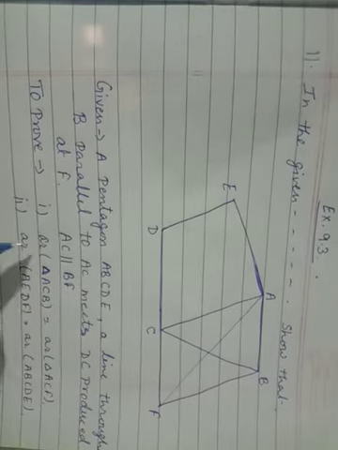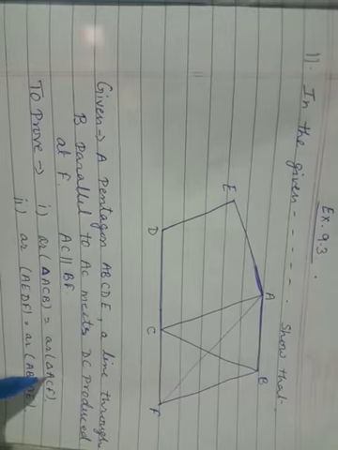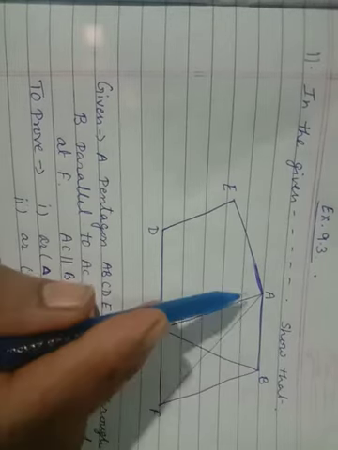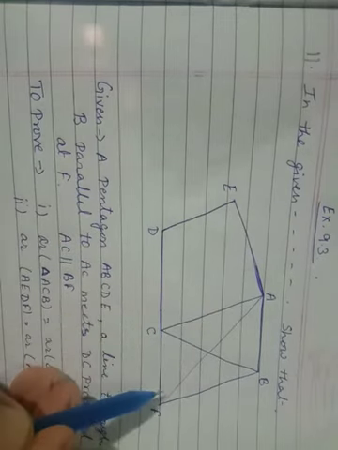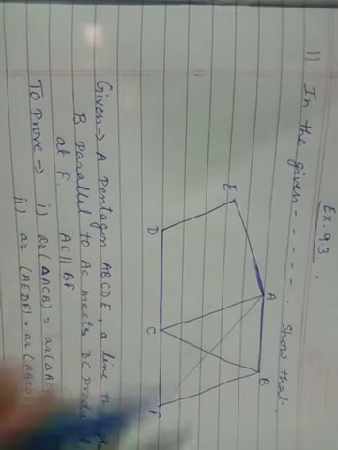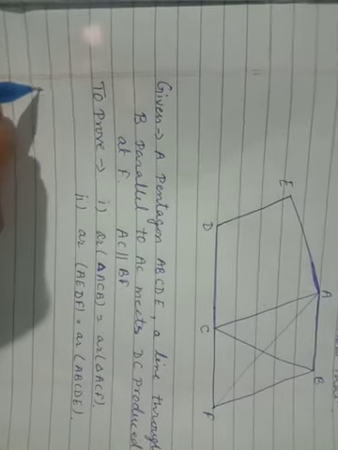Now we have to prove that area of ACB is equal to area of ACF. You can see that triangle ACB and ACF are on the same base AC. So we will write this proof.